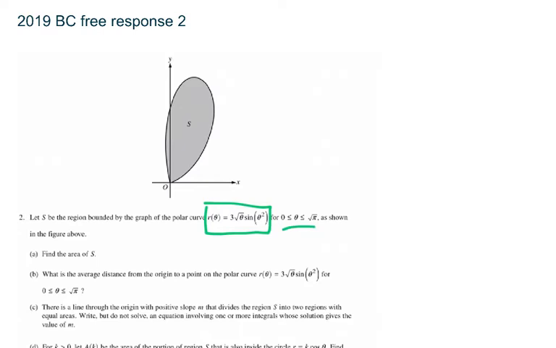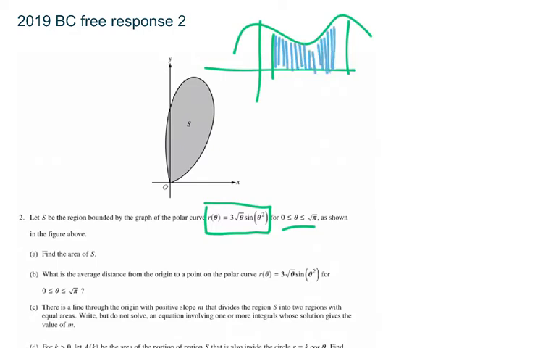Okay, you have to remember that polar curves fill up radially. So when you have a function and you're finding the area under the curve, you're filling up this curve linearly, meaning you're filling it up with skinny rectangles, generally as you go left to right.